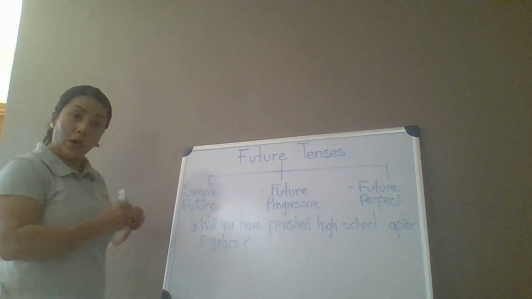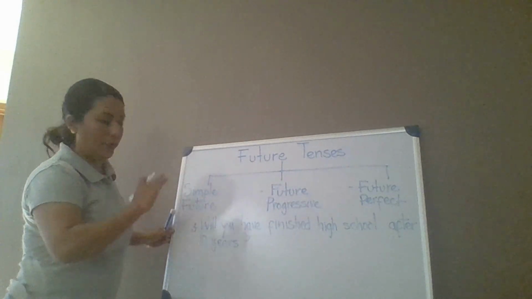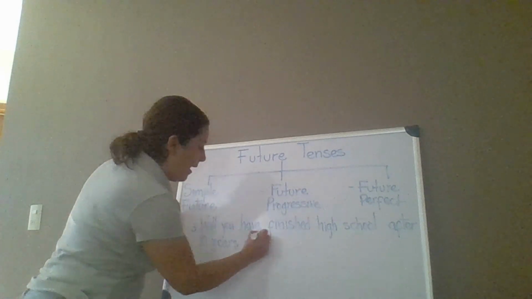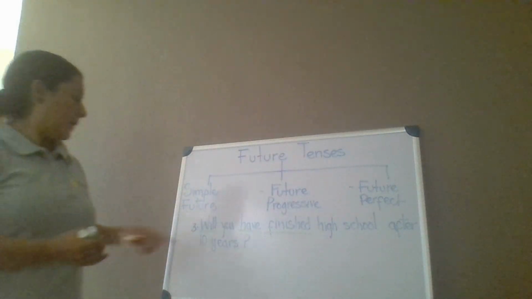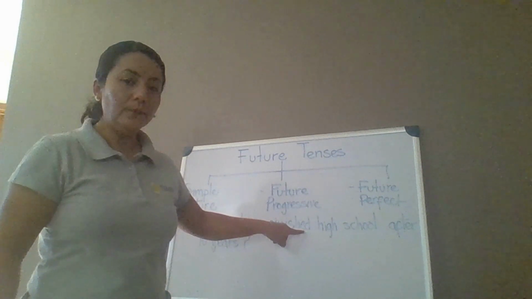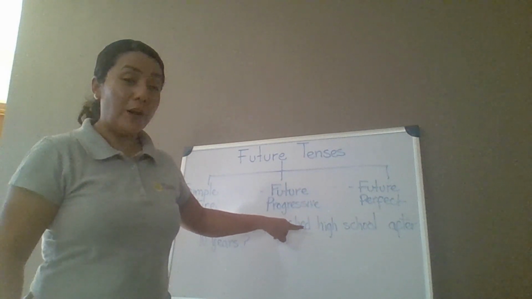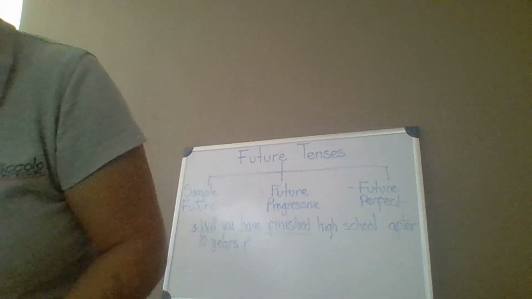Okay, so let's read. Will, it's for future, okay? Will you have finished high school after 10 years? Will plus auxiliary have plus verb in past participle. So let's look. Is it simple future? Will plus a verb.